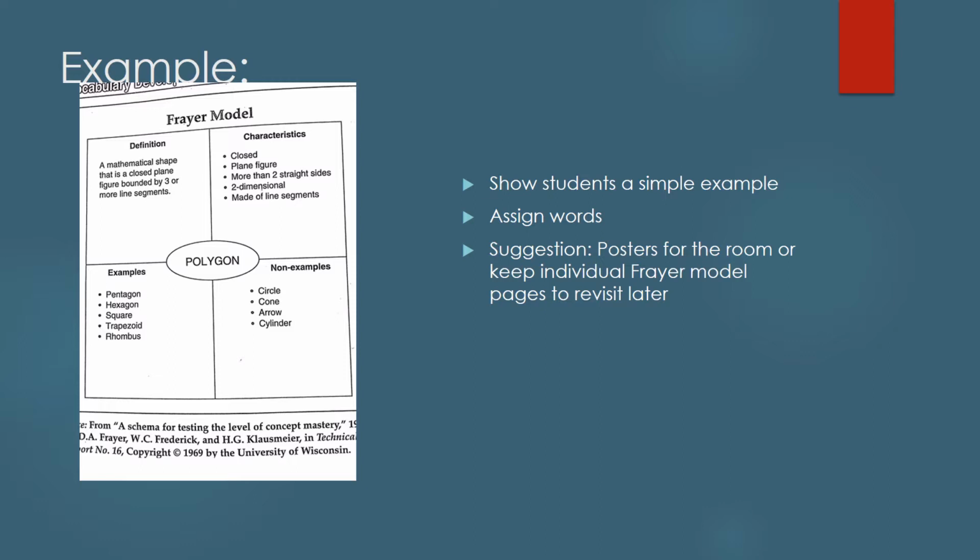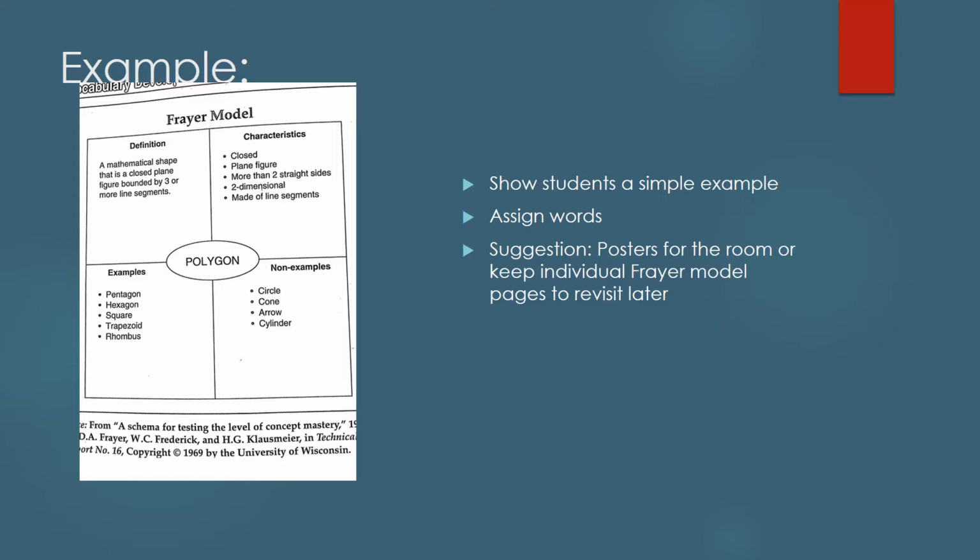So if you were using this to first start the Frayer model with students, you would want to choose a class who has a strong background in geometry, polygons in particular. You would show the students the example, explain and talk about the attributes extensively, talking about what makes the definition, what makes the characteristics, how to come up with your examples, and how to come up with your non-examples.